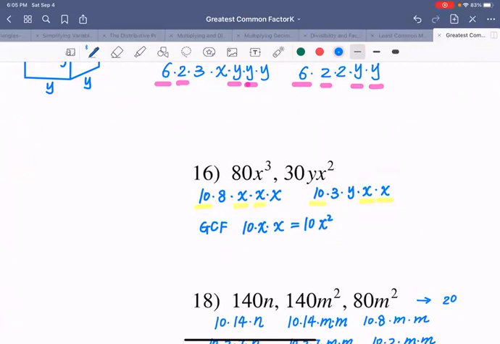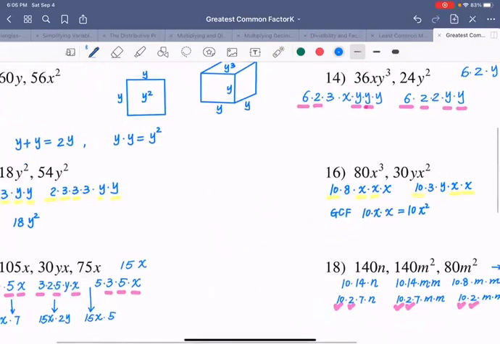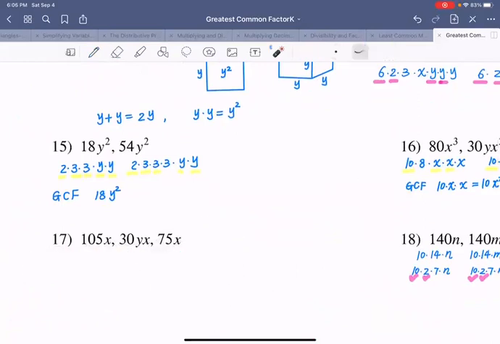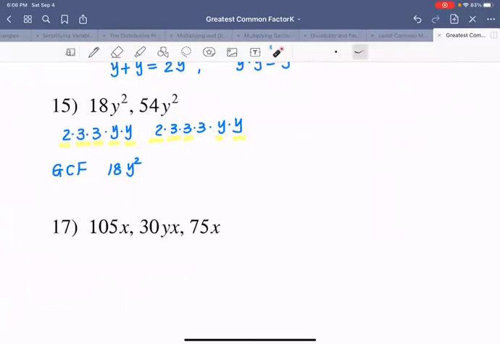Does this make sense to you now? Yes. All right. Next student, let's do 17. Oh, this time 3 terms. No rush, no panic. Let's settle down this way. 105.